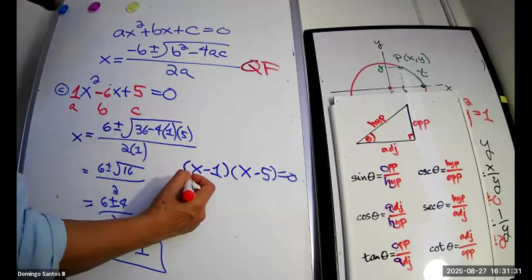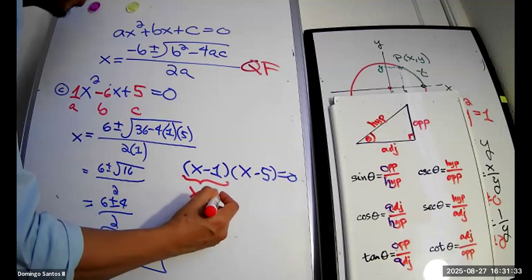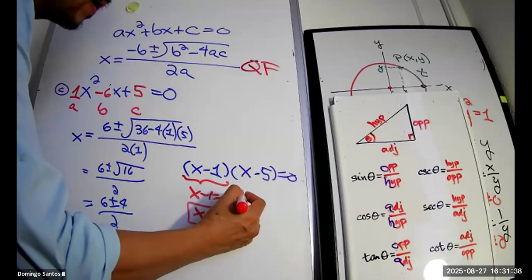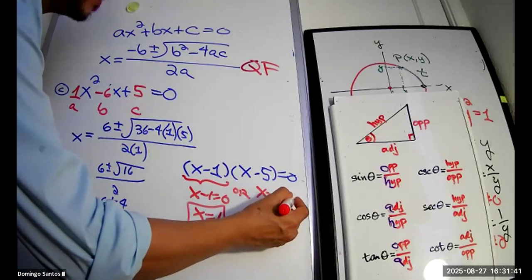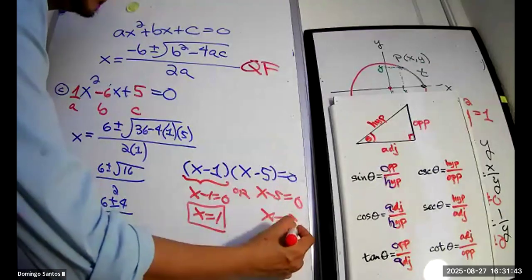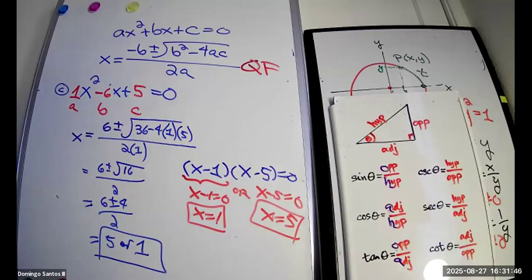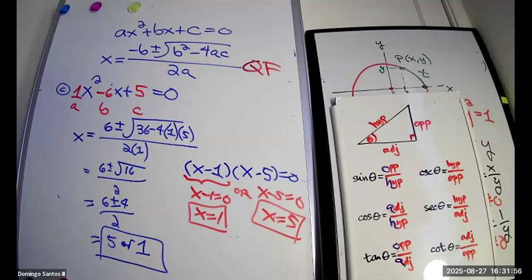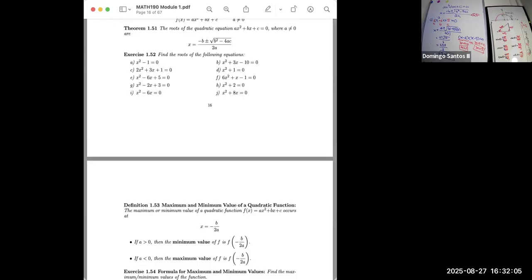So this means that x minus 1 is 0, or x equals 1, or x minus 5 is 0, or x equals 5, which is the same solution when you use the quadratic formula. Okay. Any questions? Let's do letter D using the quadratic formula. Any questions, class?